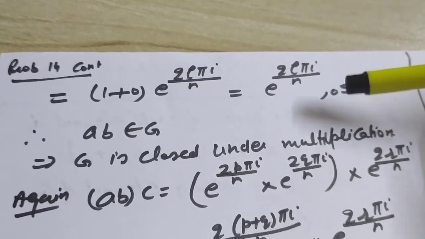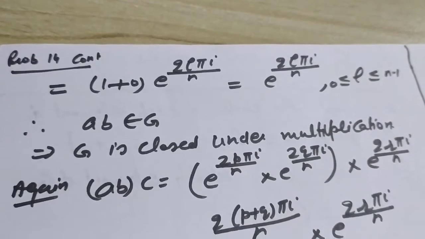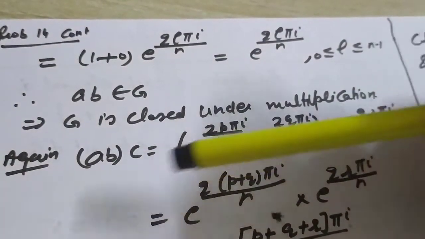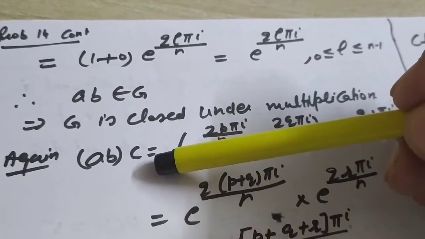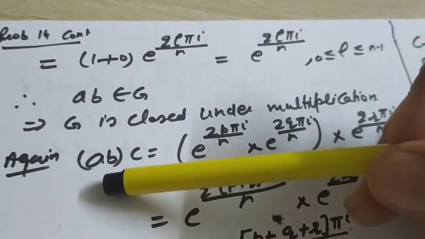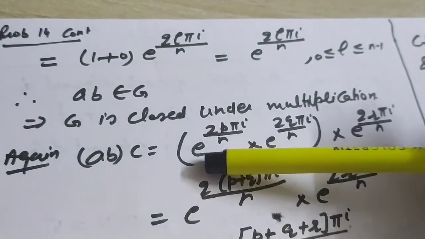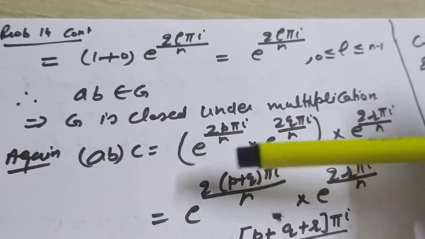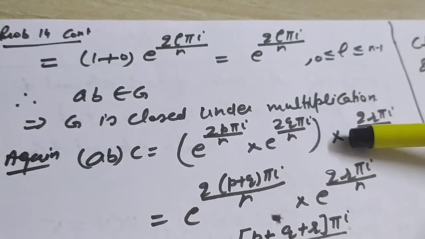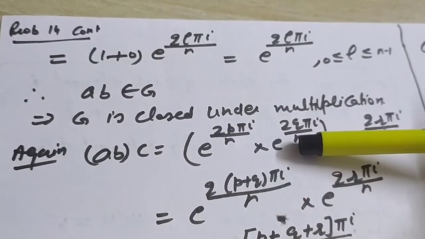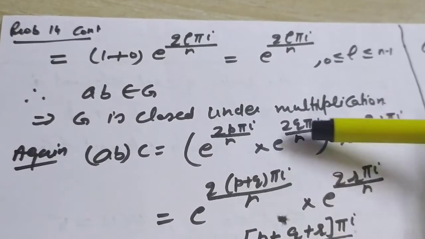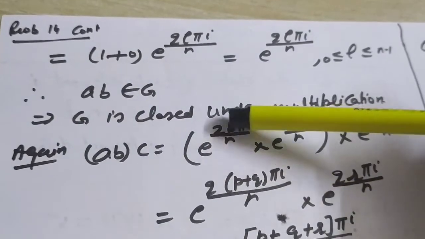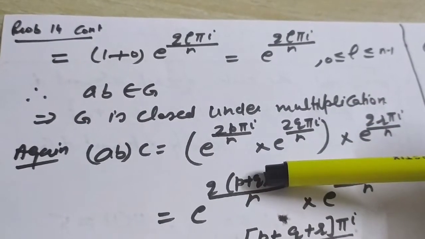Now look at the second property, which is associativity. For that, you take three elements from G. The three elements are taken here, A, B and C. First, I have taken a bracket with A and B. So the value of A is e raised to 2p pi iota over n. Similarly, the value of B is e raised to 2q pi iota over n. Now you just multiply these two terms. The bases are the same, so their powers will be added. Here 2 pi iota is common, and p plus q will remain inside the bracket.